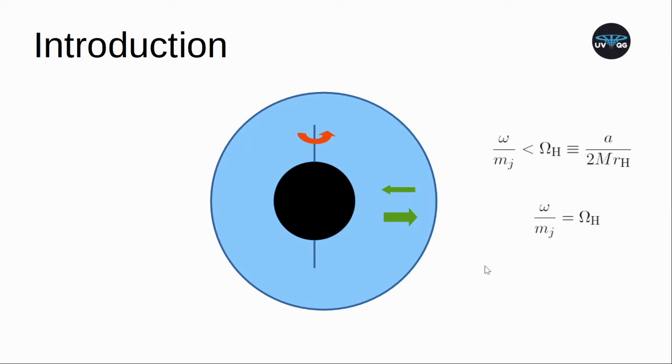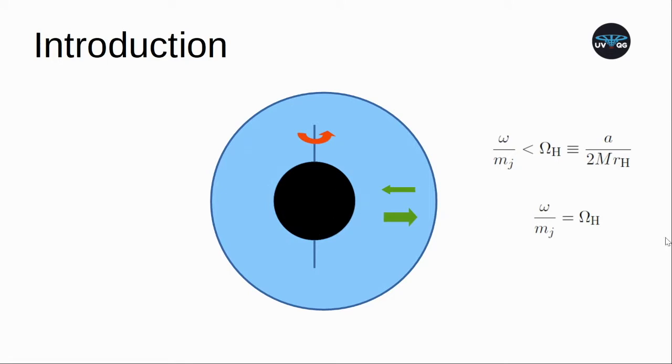This was investigated mostly for the scalar field, since it's the simplest case and we already knew how to separate the equations. But the vector boson fields were not so investigated, since until recently we didn't know how to separate the equations in this case.